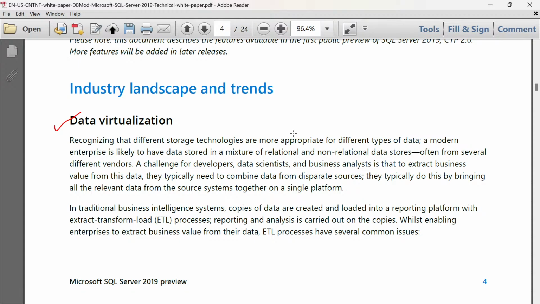Now what is data virtualization? In the recent past, the term cloud has evolved a lot. It has been on everyone's mind that cloud is something which helps us to lighten our pocket, to lighten our bags in terms of volume of data and storage area, because the information stored over cloud is readily available to everyone worldwide.